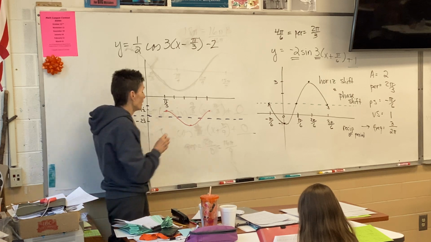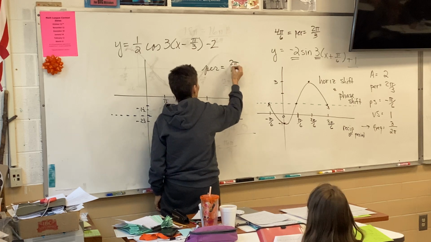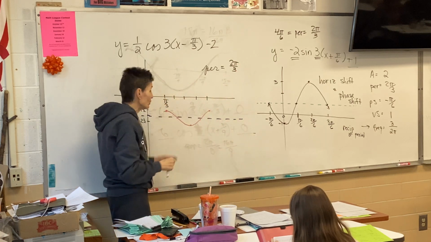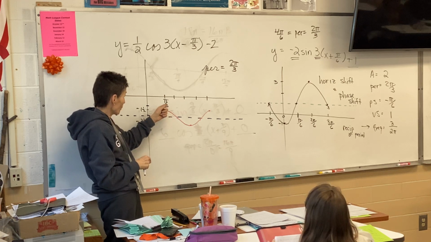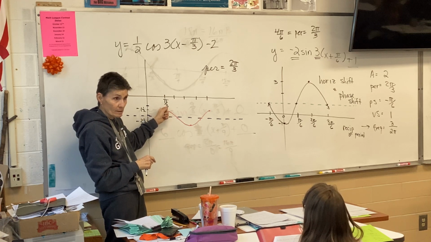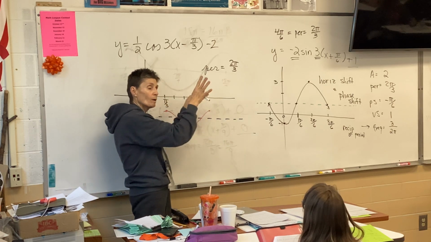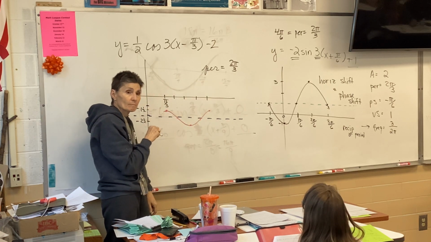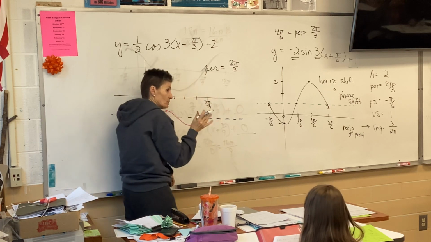Okay, so here we go. What's my period? 2 pi over 3. Now that's good news because that's already a 3. So I'm at 1/3. I have to go 2/3. Where am I going to end up? 3/3, which is 1 if you prefer.